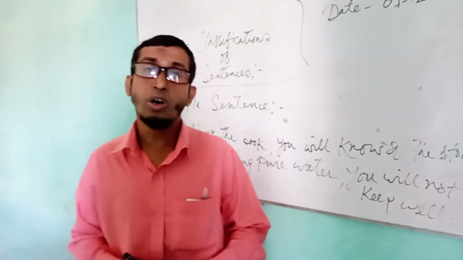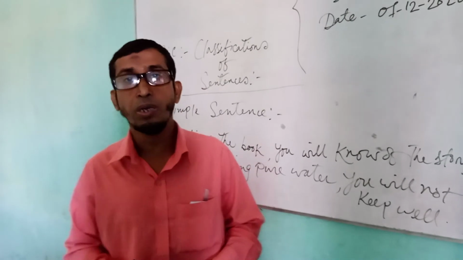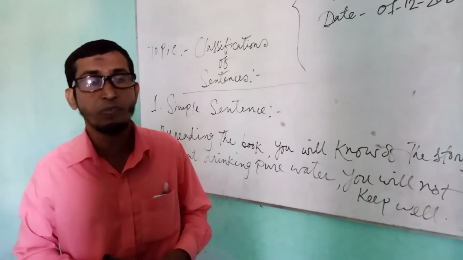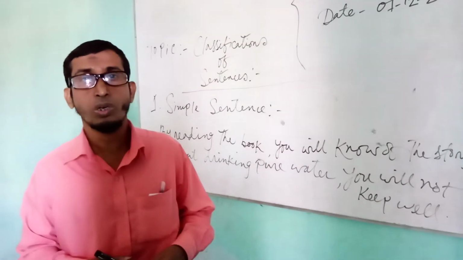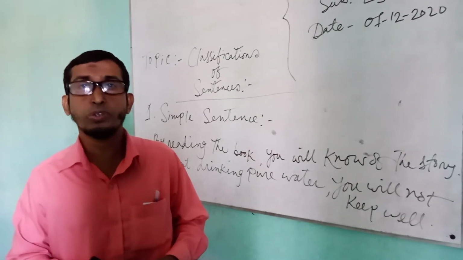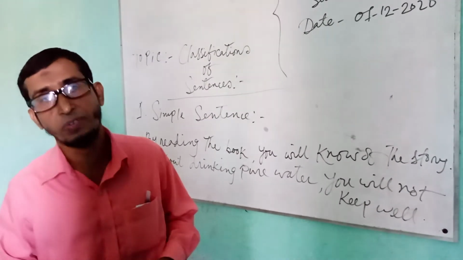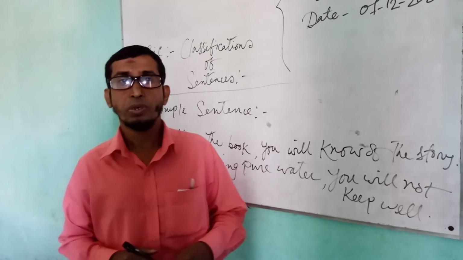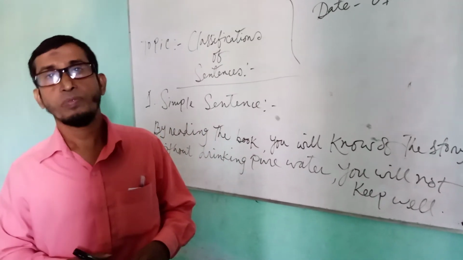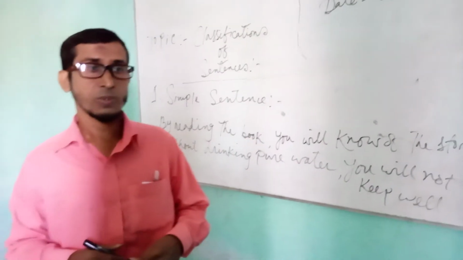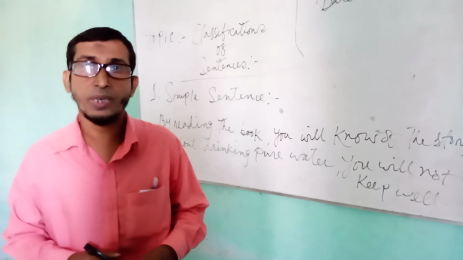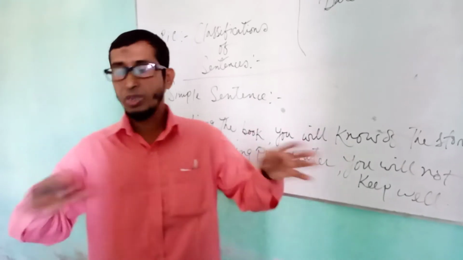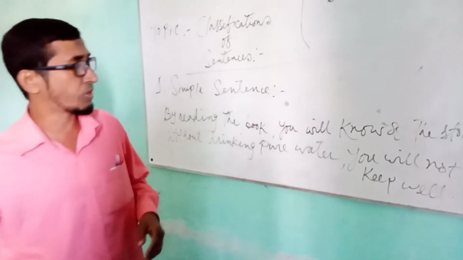Because of his being ill, he cannot work in the field. Similarly, Kalam is too weak to work in the field. He died at the age of 50. At the time of my reading, Kalam came to me. So these are the instances of simple sentence.